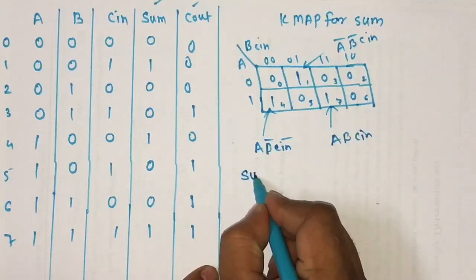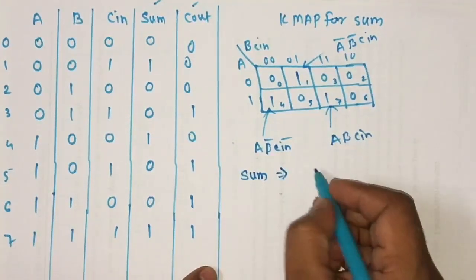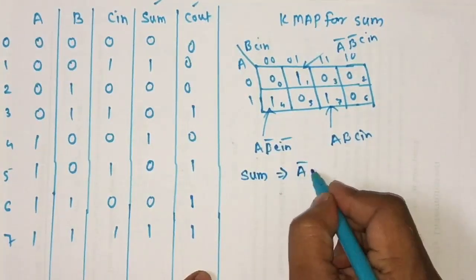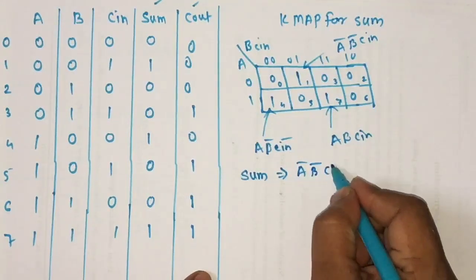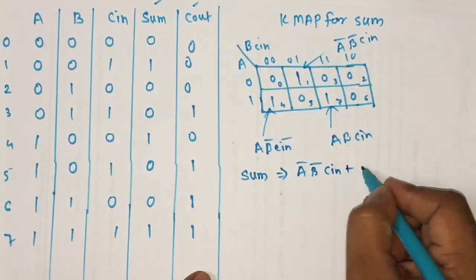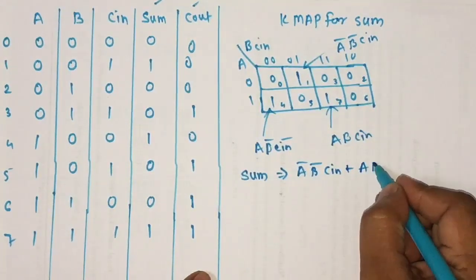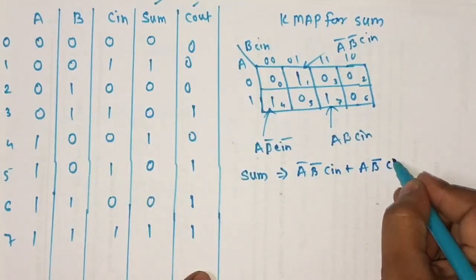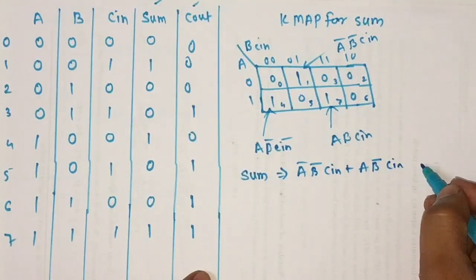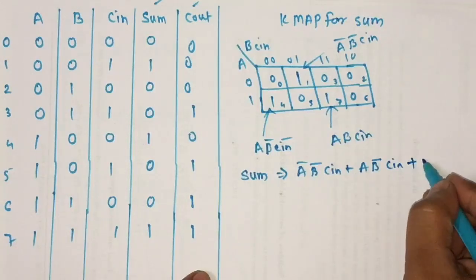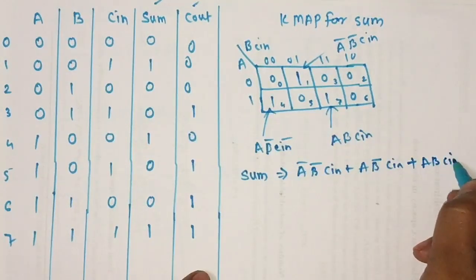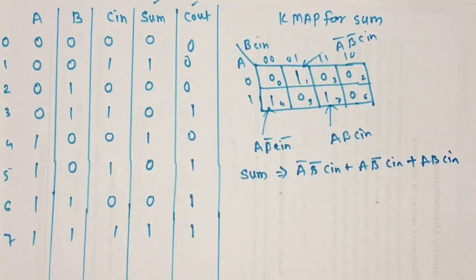So the final equation for sum is A bar B bar C in plus A B bar C in bar plus A B C in.